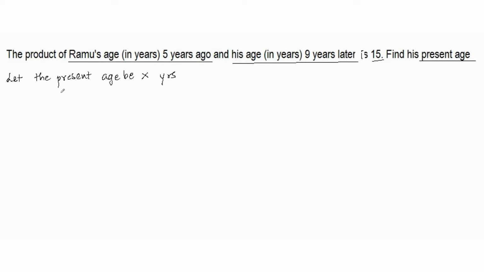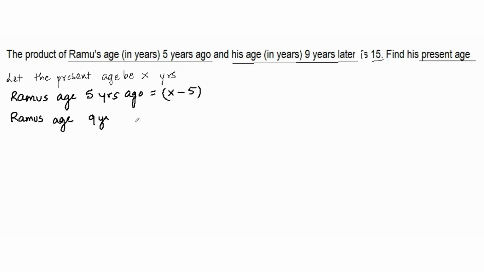Now if the present age is x years, then Ramu's age 5 years ago is therefore going to be x minus 5. And similarly, Ramu's age 9 years later is going to be x plus 9, right?